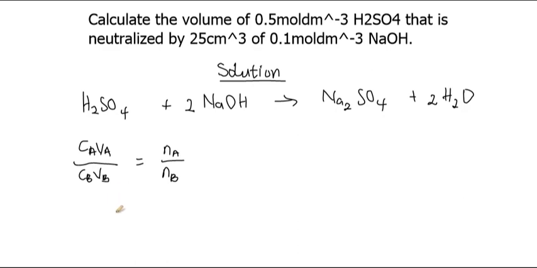The next thing to do now is to write out the values given from the question. Let's begin with the acid, Ca. From the question, we have Ca to be 0.5 mol per dm³.